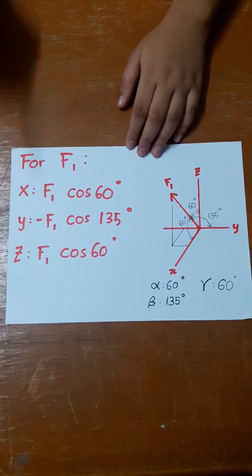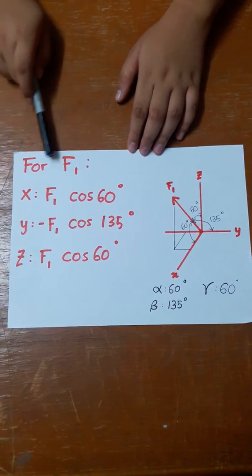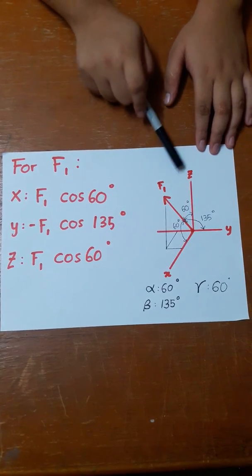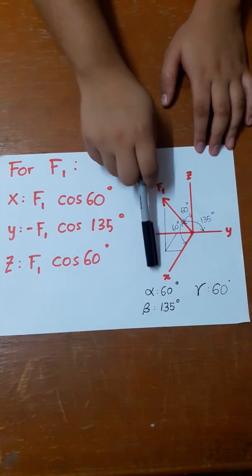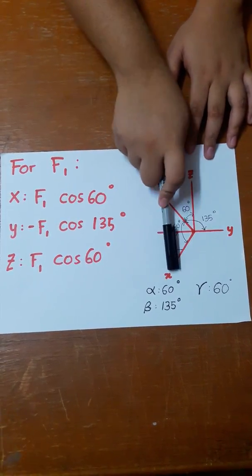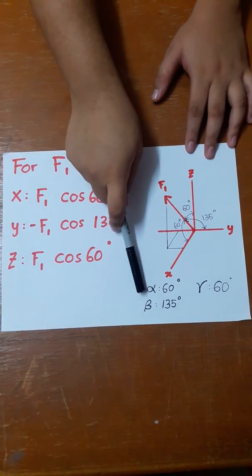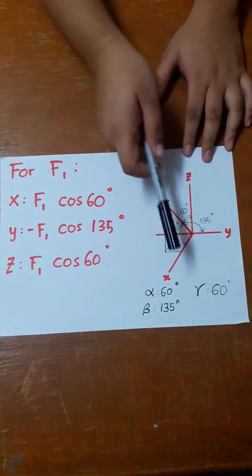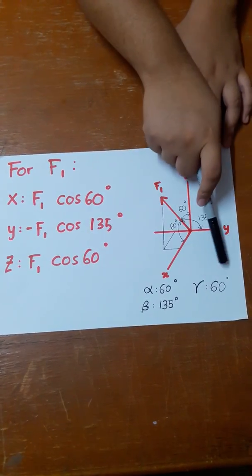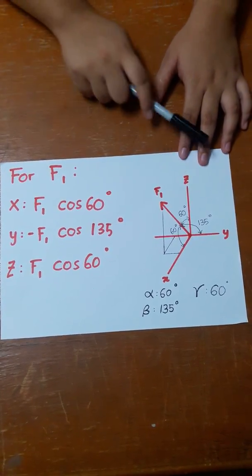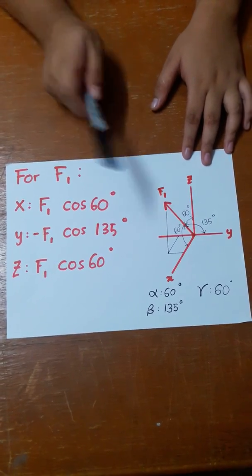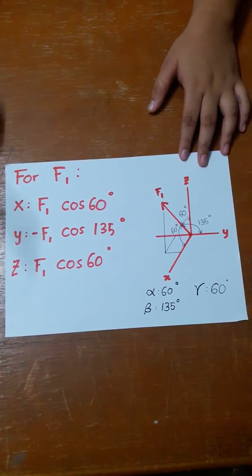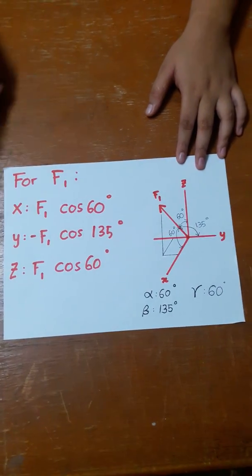Okay. First, we're going to resolve F1. From the question, we are given alpha, which is 60 degrees, beta, which is 135 degrees, and gamma, which is 60 degrees. So F1 is resolved into X, Y, and Z components.